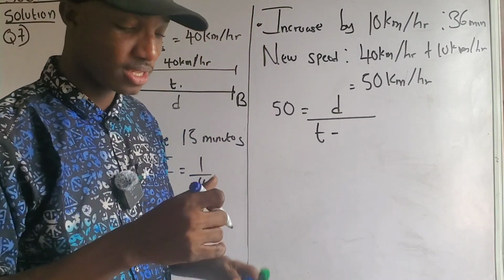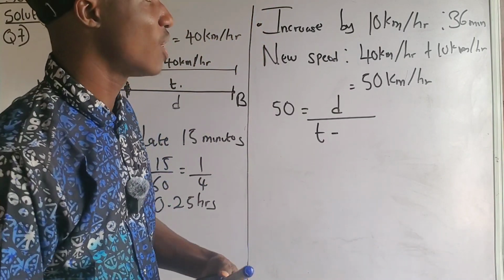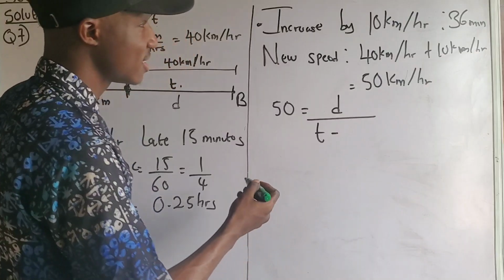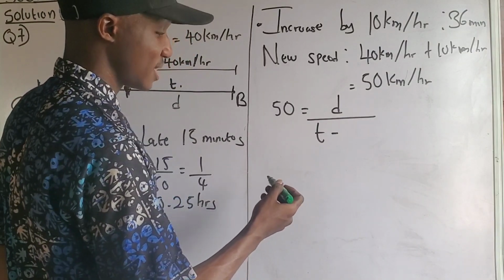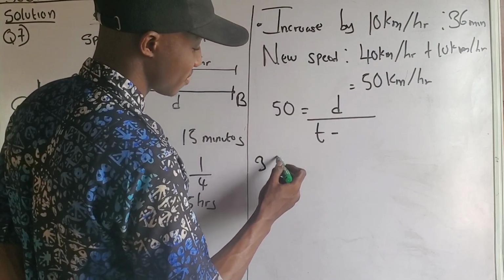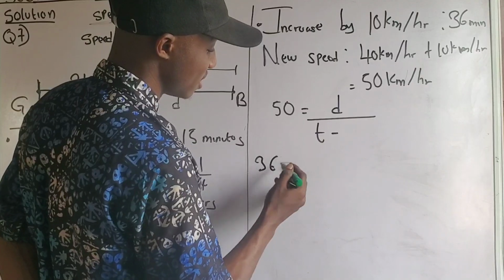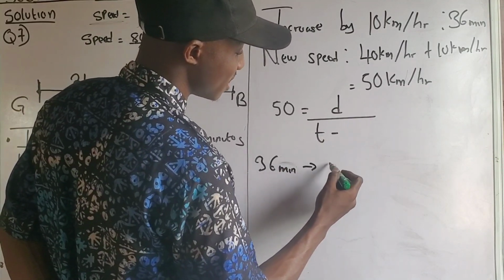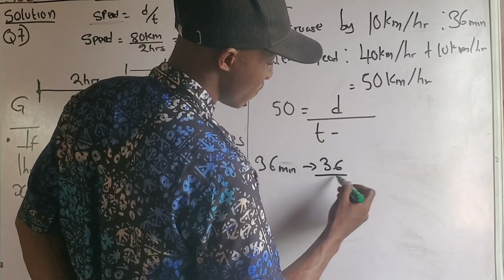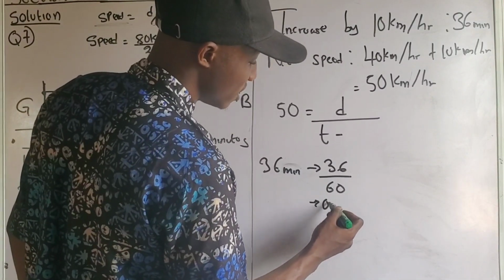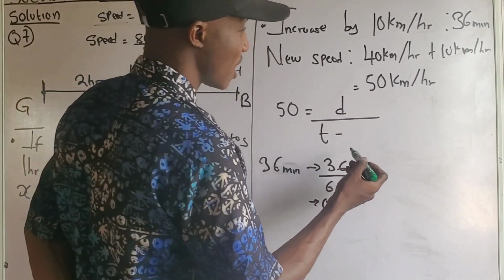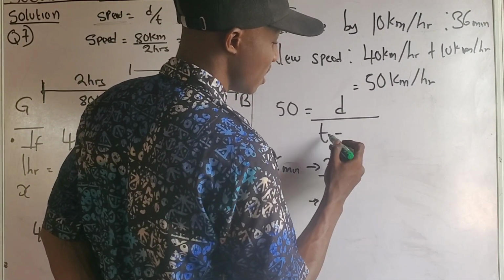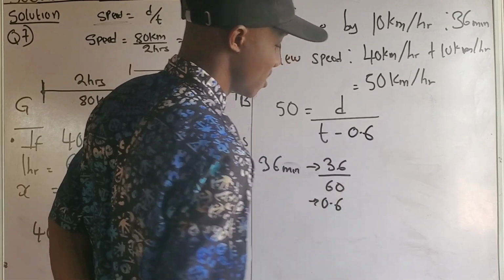You have to convert 36 minutes to hours, and 36 minutes to hours will be 36 over 60. So this will be 0.6. So we are going to subtract 0.6: T minus 0.6.